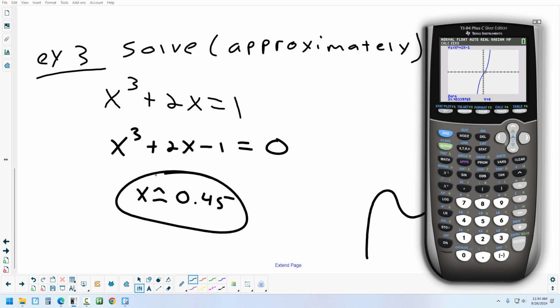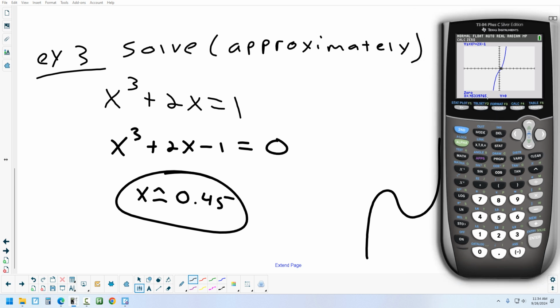If I wrote down every number, 0.45339765, would that be an exact answer? No. There's an infinite amount of decimals in this answer. It just keeps going. But the calculator stops. I think it shows like 8 decimals, and that's all it shows on that screen.